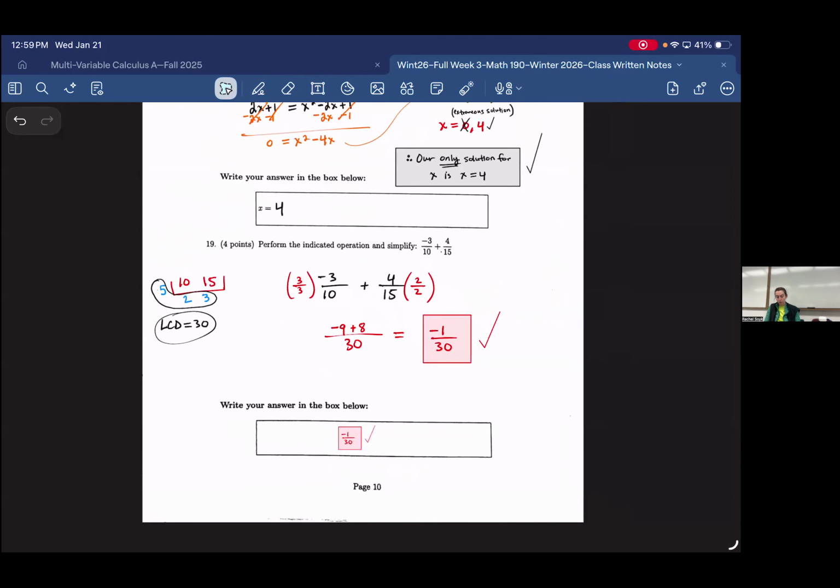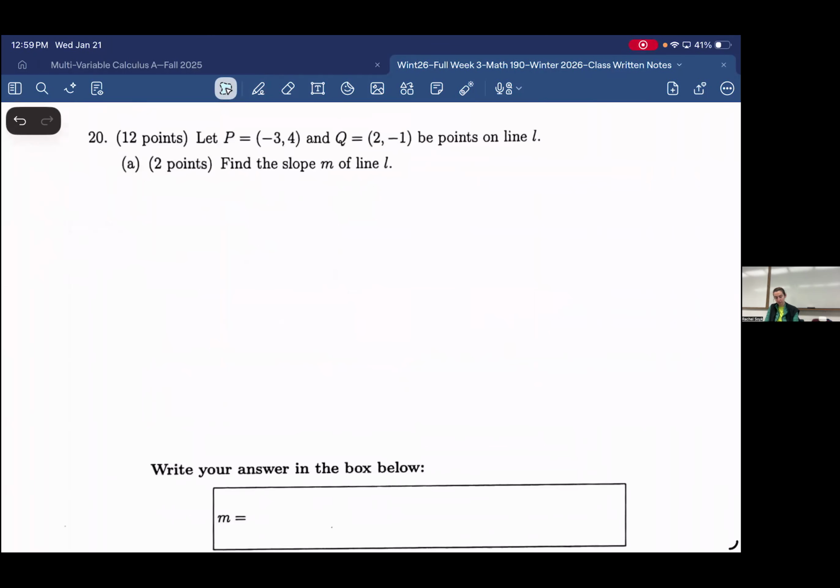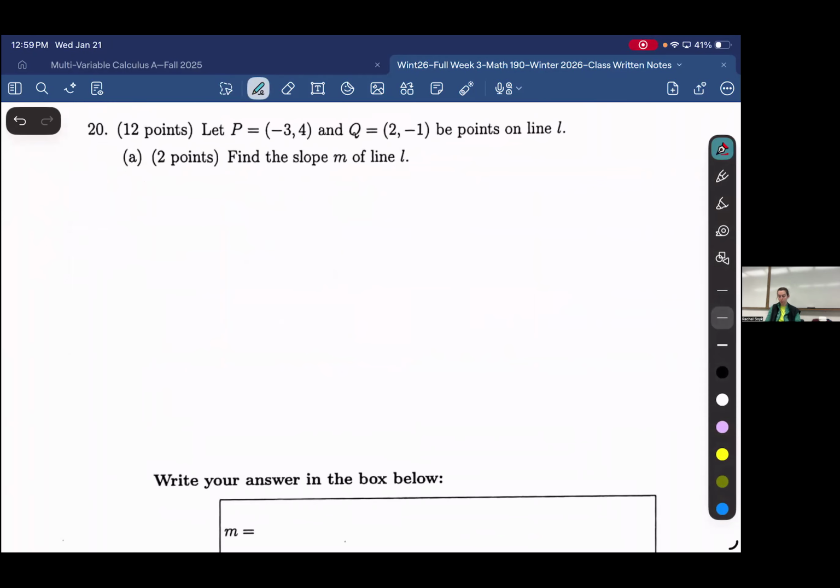Let's move on to question 20. Slope question. We're given 2 points, point P and Q, and they lie on line L, and we just want to find the slope.